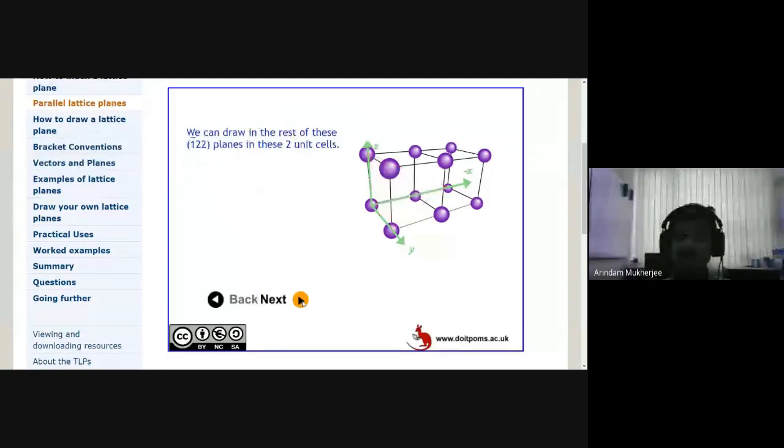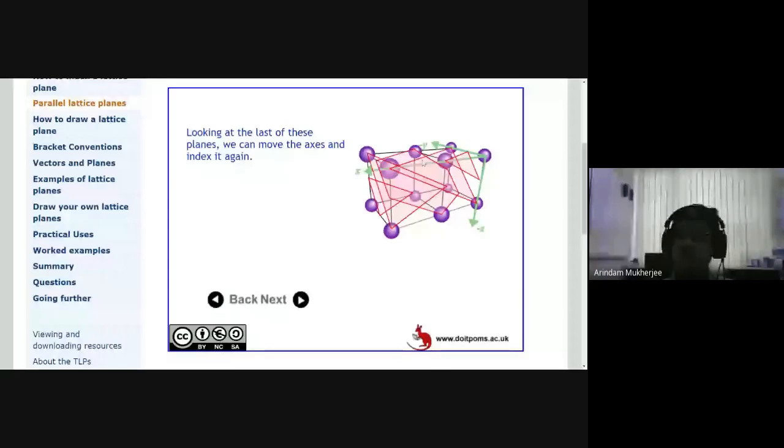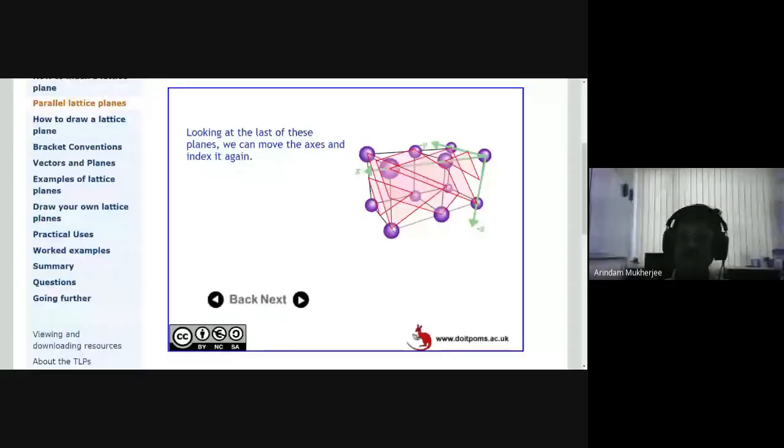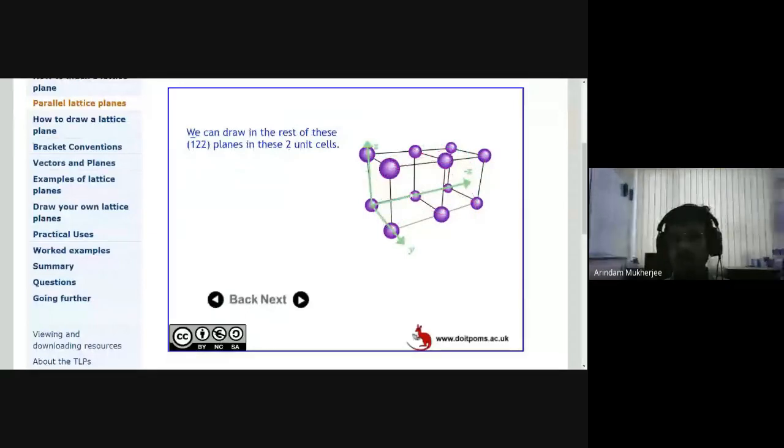There. So when I took, I was looking at this. The original plane was here. But if this was merged, these two came, their intercepts were here to here to here. So I am talking 1 1 1.